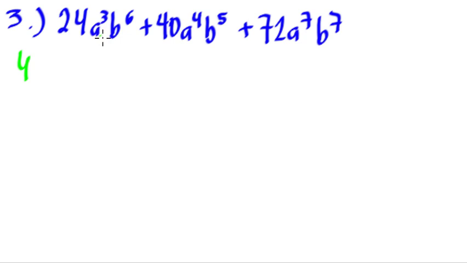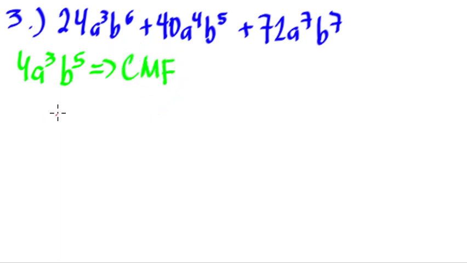And then what is the a? For a, the one with the least power is a cubed. If we choose a cubed, this will be deleted. And the least for the b is b raised to 5. I think this is their common monomial factor. If we get that, we put it outside the parentheses.